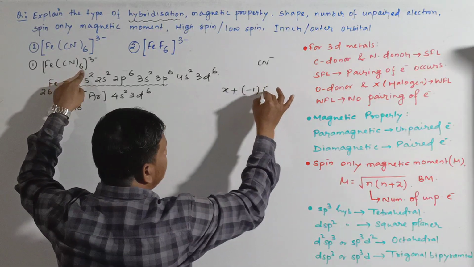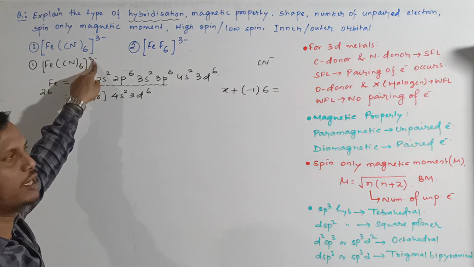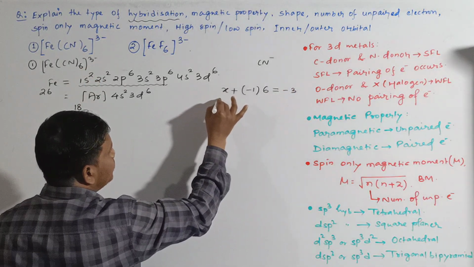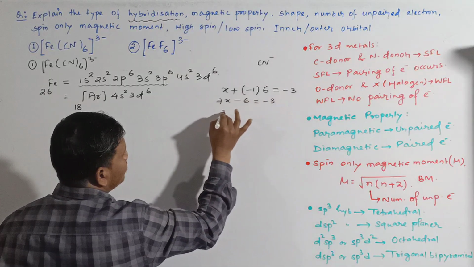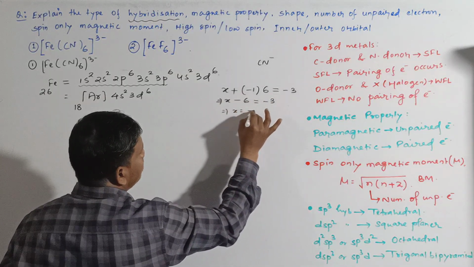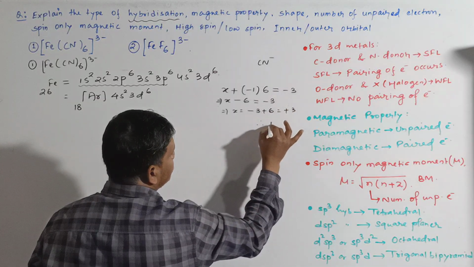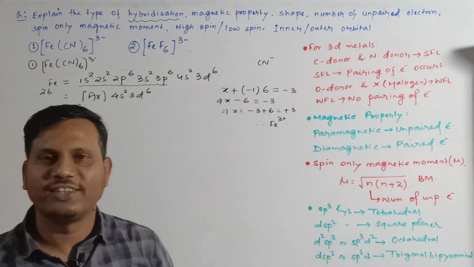So -1 into 6, equal to the overall charge, which is -3. Now solve it. x minus 6 is -3, so x equals -3 plus 6, that is +3. Therefore the oxidation number, that is the charge of iron, is 3+.